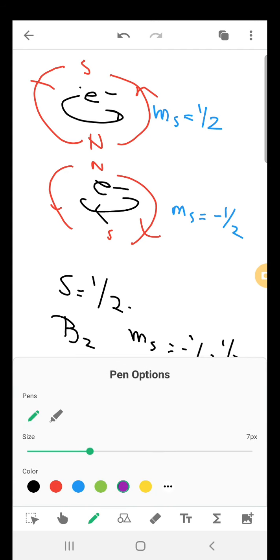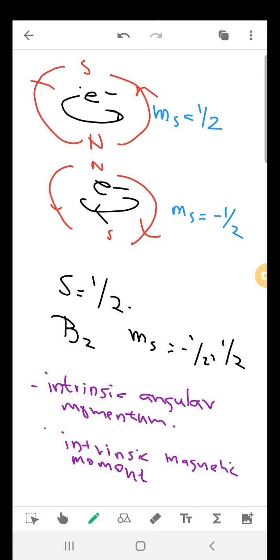We denote this one by S and this one by mu S.